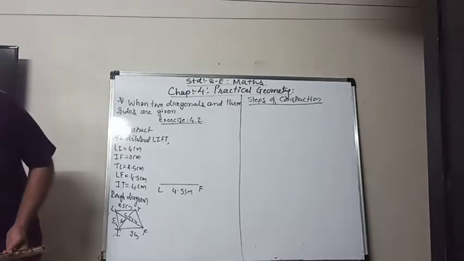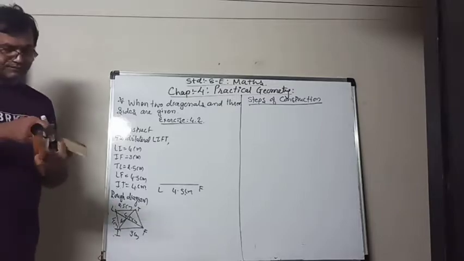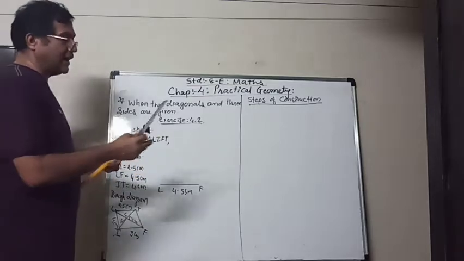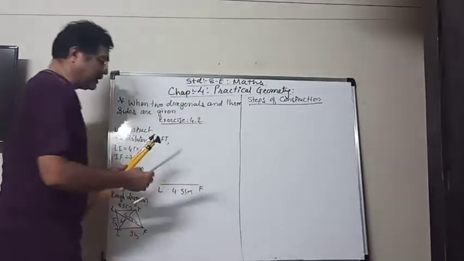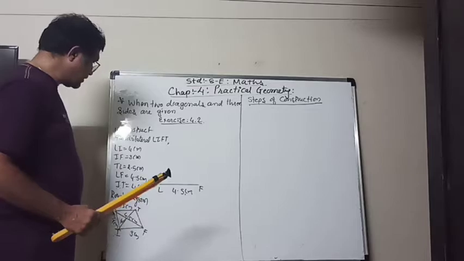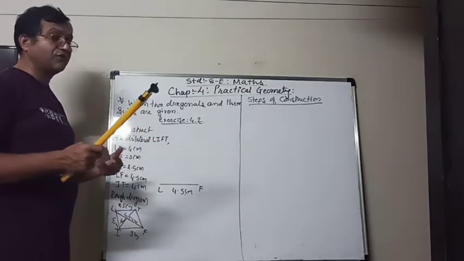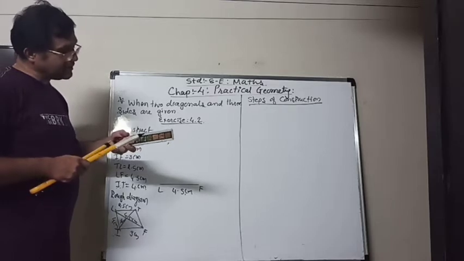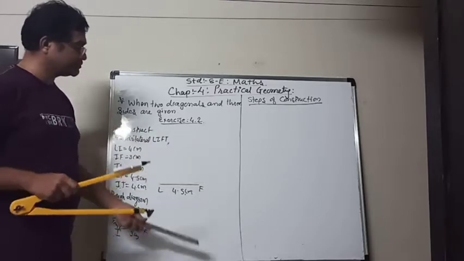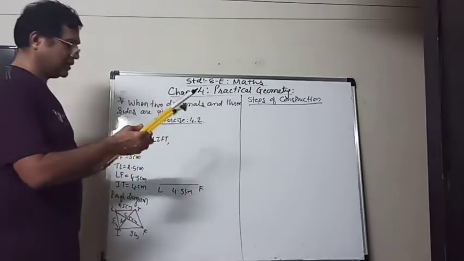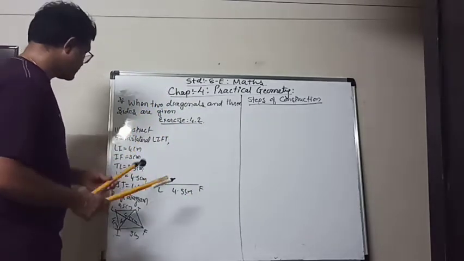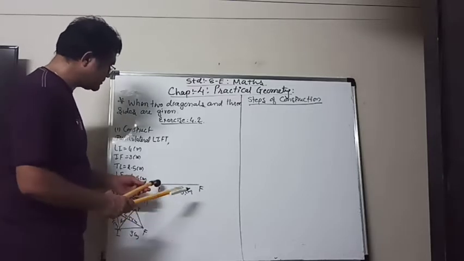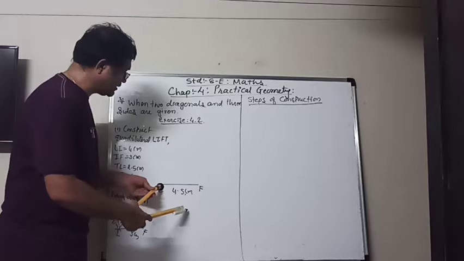So now I have to take this rounder, and from the rounder I have to take radius LI 4 centimeter, which for me is 16 centimeter, and then I will draw from L. I can draw downside also, not a problem. Let's do downwards.